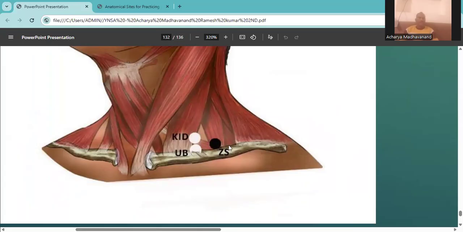It is very near to clavicle bone, nearby scalene muscles. Between the posterior end of the clavicular division of the sternocleidomastoid muscle and the ST12 acupuncture point. The indications for needling the ZS point are disturbances of the female hormonal system and infertility.